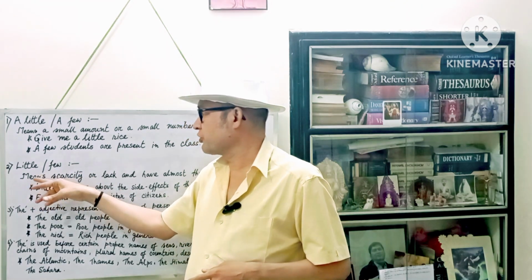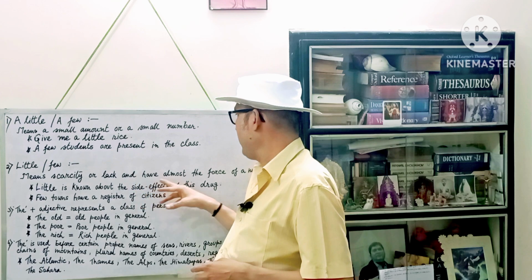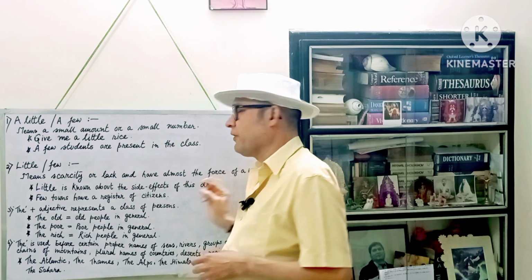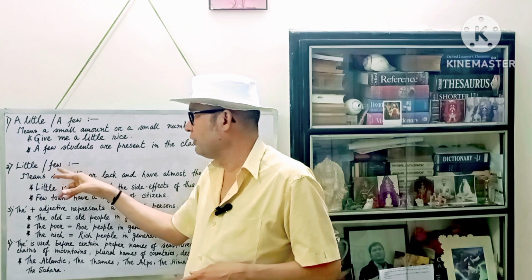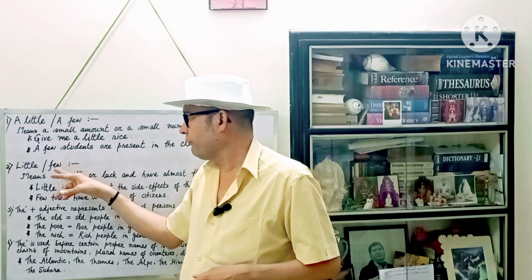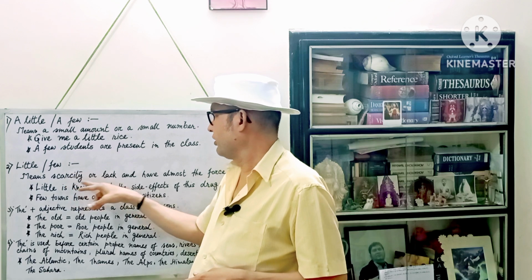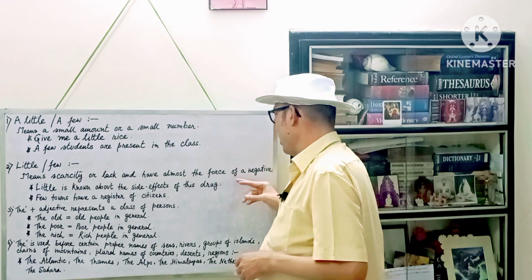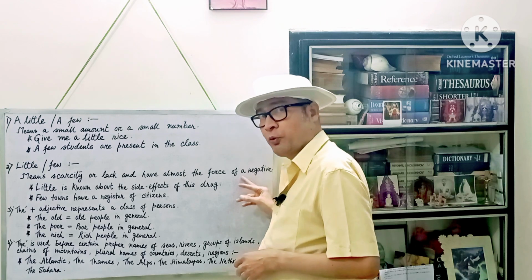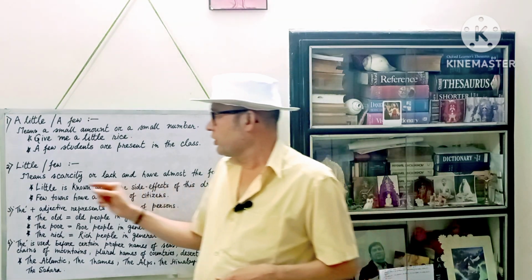Look at this sentence. Little or few without any article means scarcity or lack and have almost the force of a negative. This is what I'm trying to drive home to you. Okay, this is negative.